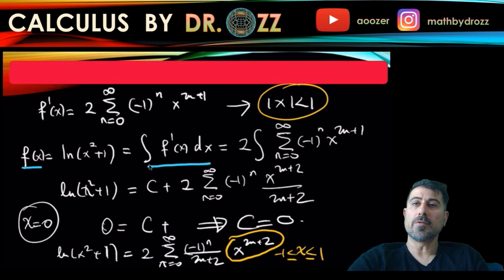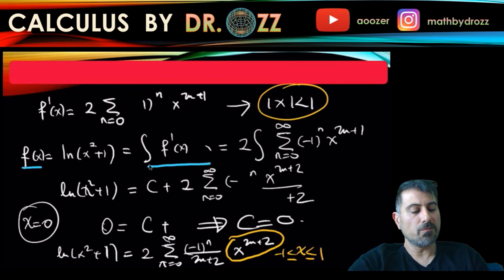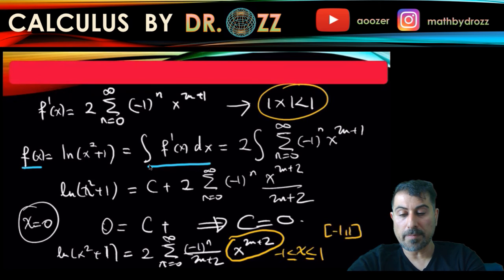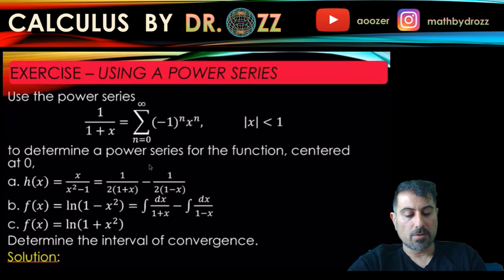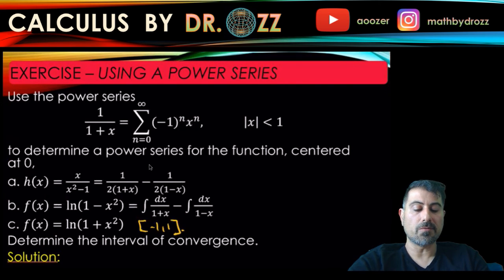It's a decreasing sequence, and it goes to 0, so both conditions of the alternating series test are satisfied. So you can include the equality signs here, so that the interval of convergence would be from negative 1 to 1. Going back to the original problem, this would be the interval of convergence for ln 1 plus x squared.